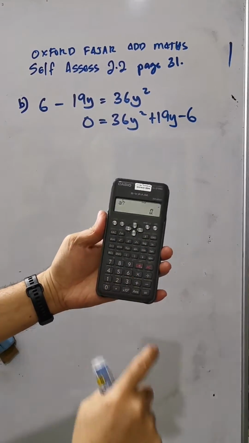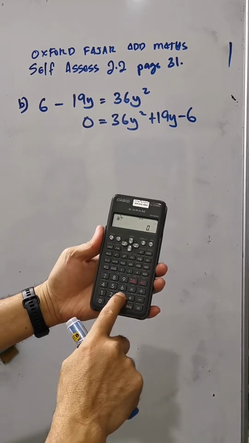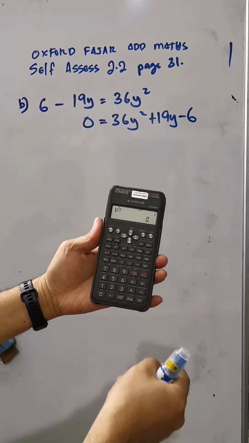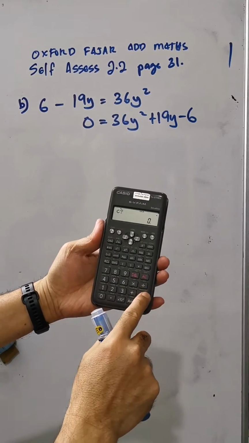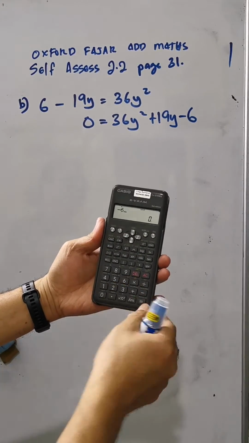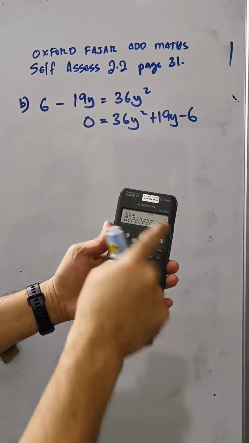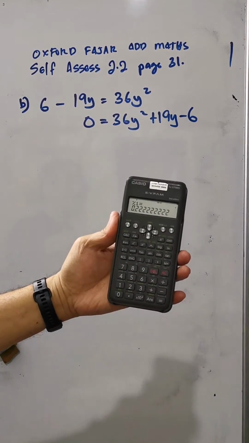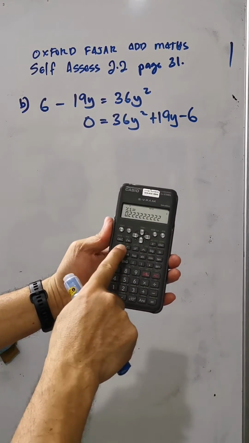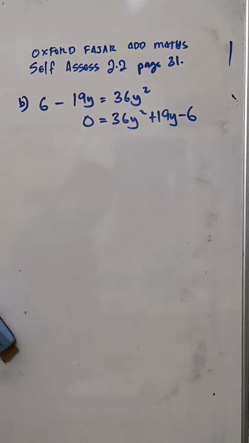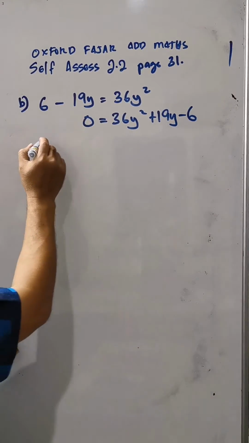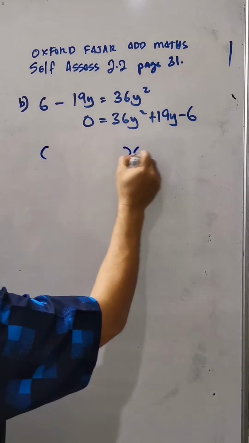Then you press 2. So A will be 36. Press equal. B will be 19. Press equal. And C will be negative 6. Press equal. You get 0.222. You press ABC. They will change it to fraction form, because fraction is needed for factorization.